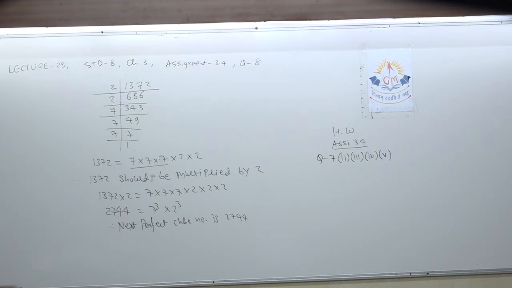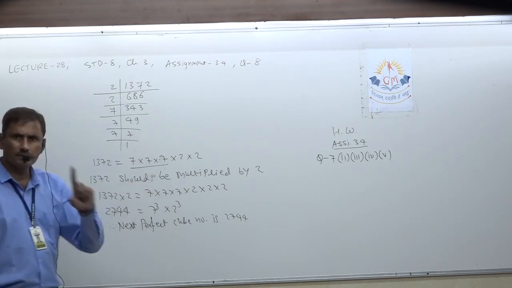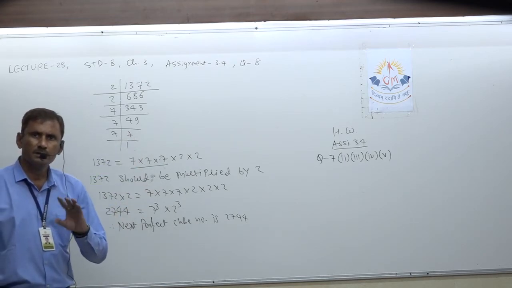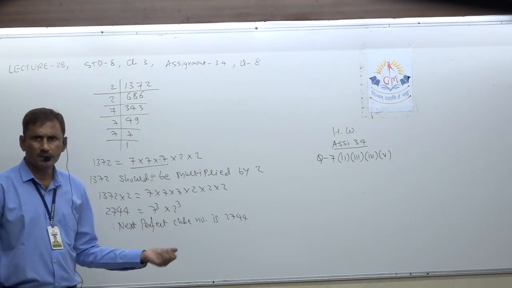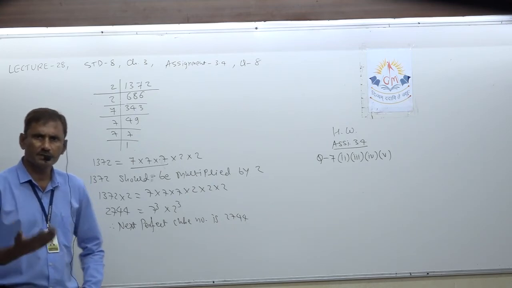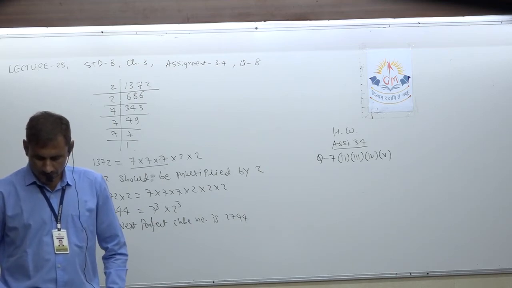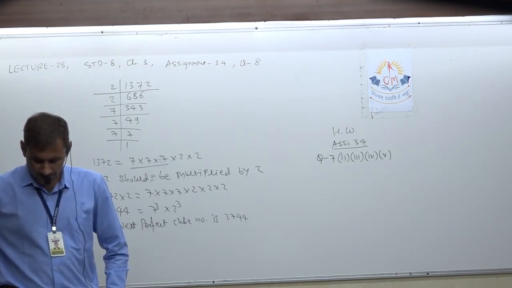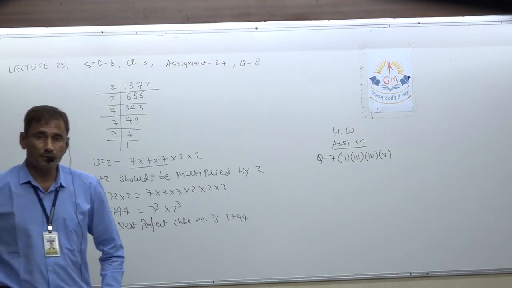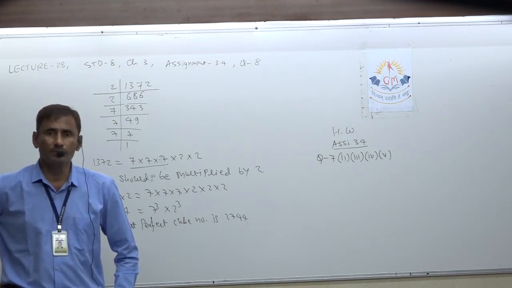Okay students, in square root also this type of question we already solved, so it is almost repeating everything. Now it is the next turn of finding cube root. So far we found cubes everywhere.